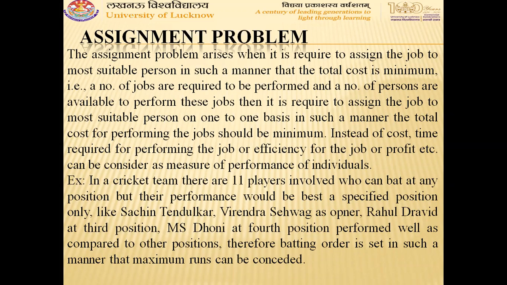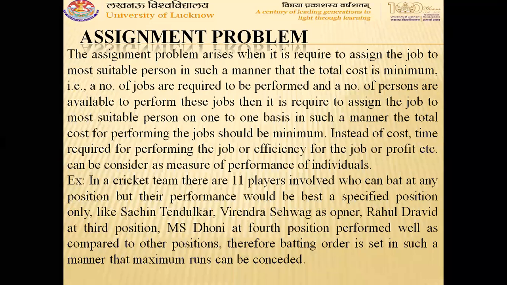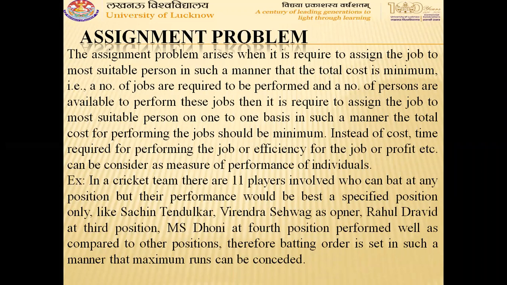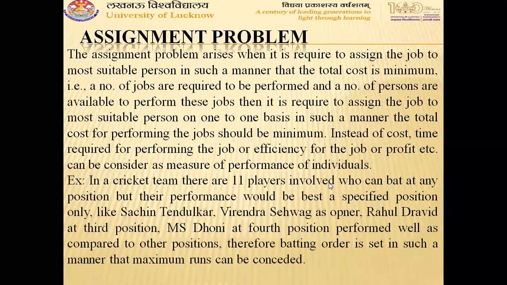For example, Sachin Tendulkar and Virender Sehwag performed very well as openers. Rahul Dravid performed very well at third place. MS Dhoni performed well at fourth place, and so on. So their performance was better at their defined position than at any other positions.